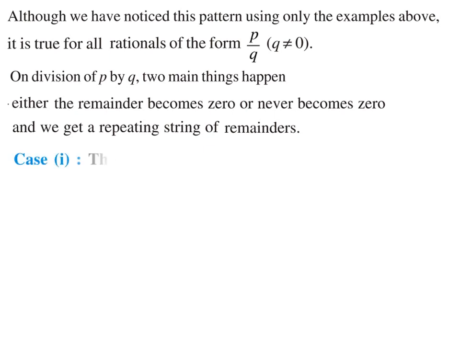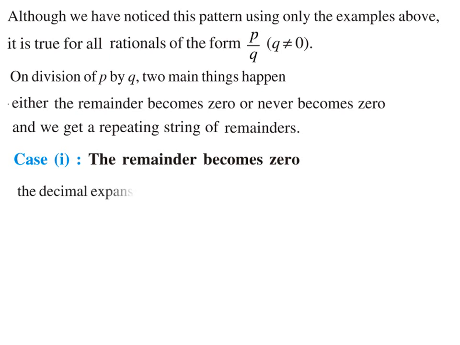Case number 1, the remainder becomes 0. What will happen if the remainder becomes 0? We have already seen that the decimal expansion of 7 by 8 is equal to 0.875.